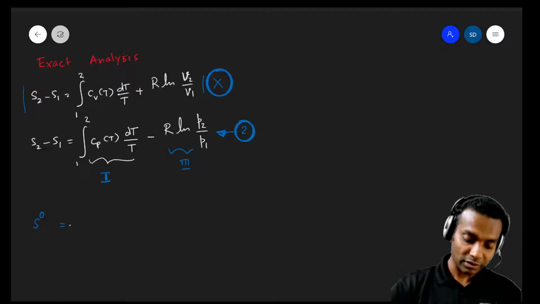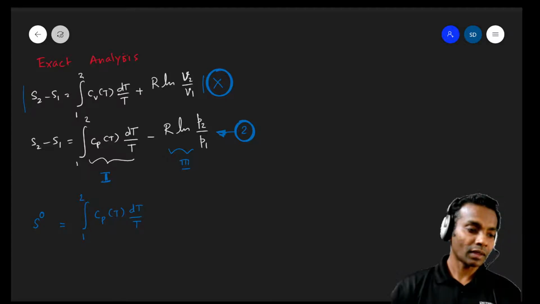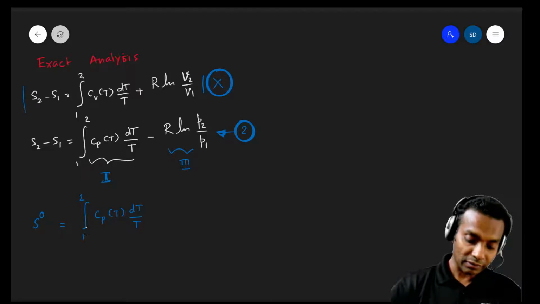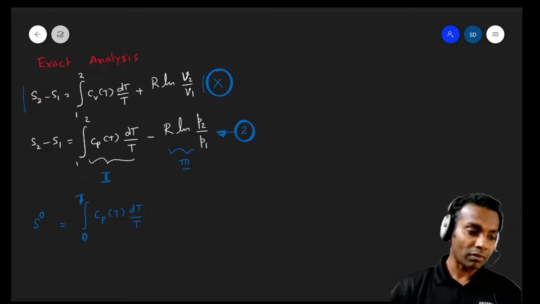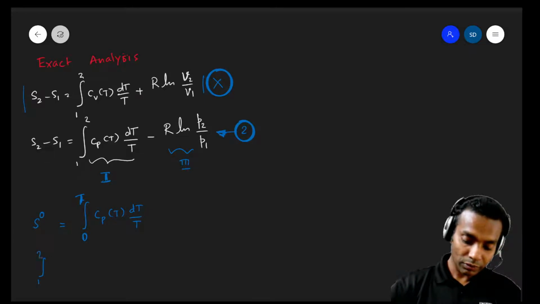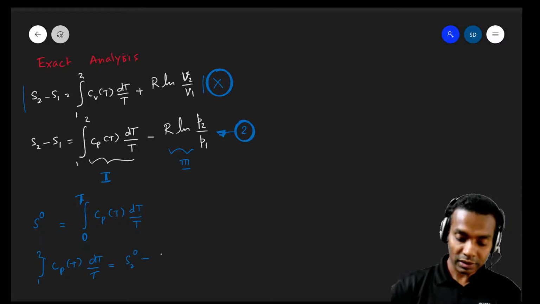The integral of Cp(T) dT over T is denoted as S naught for any temperature, from zero temperature, wherever Cp is 0, to any temperature T. So if you want to find the integral from 1 to 2 of Cp(T) dT over T, it's going to be S2 naught minus S1 naught.